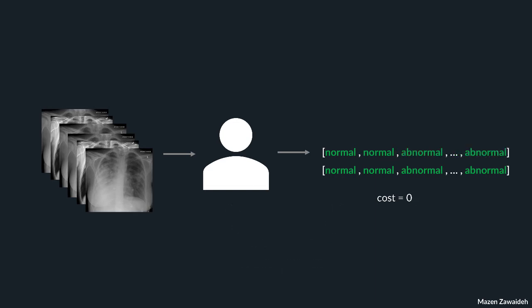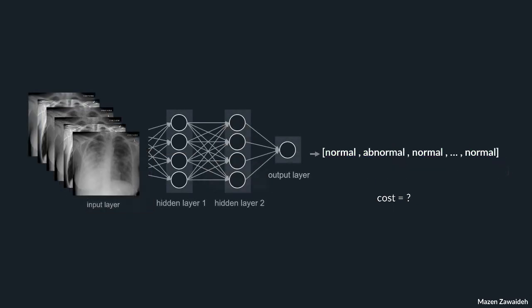Now let's turn this into a machine learning experiment. First, let's replace the resident with a model. This model will take each input image, perform a series of mathematical operations on the image data, and output a predicted label, normal or abnormal. Like the resident above, the model has no preconceived notion of what features are going to best differentiate normal from abnormal.